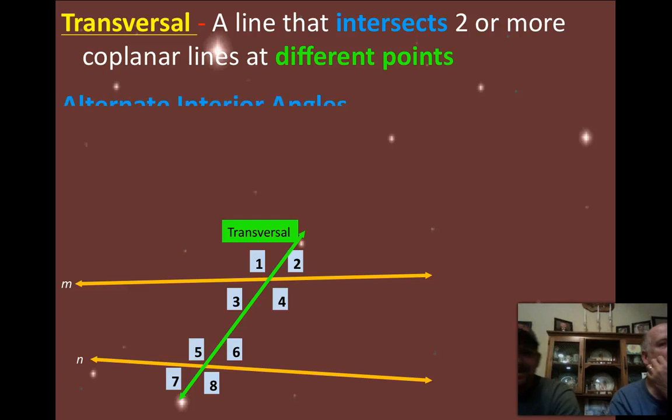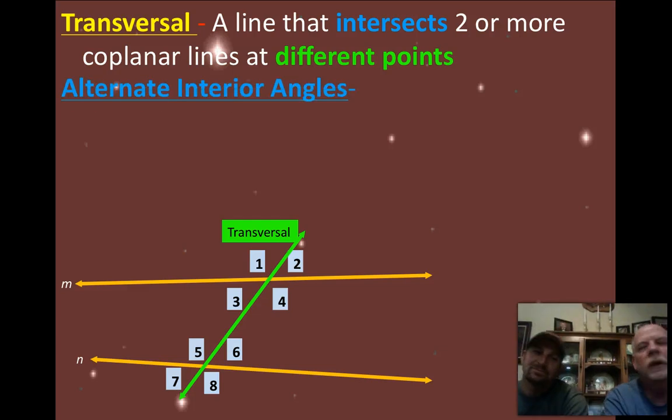Our first kind is that we need to break these names down though. Anytime you see the word alternate when we're talking about a diagram like this, guys, we're talking about the transversal. And what alternate means is that one angle is on one side of that green line and one is on the other side of that green line. So you can kind of think of it as opposite sides.